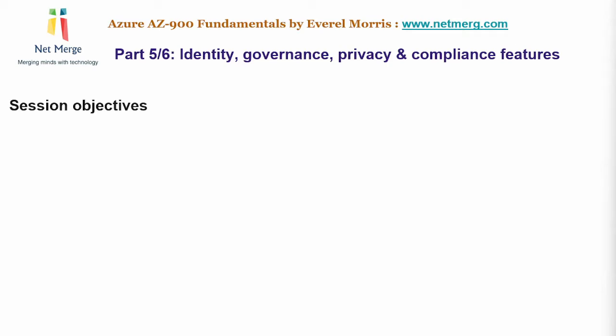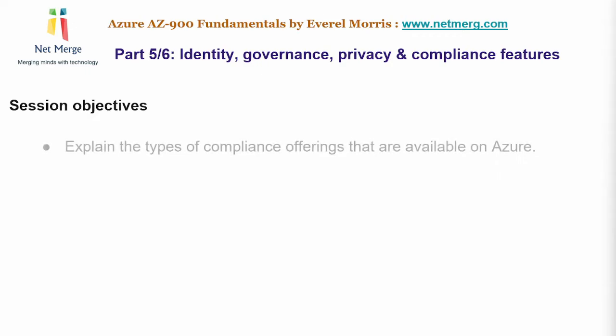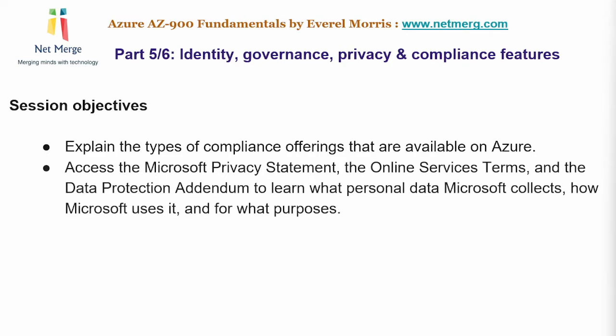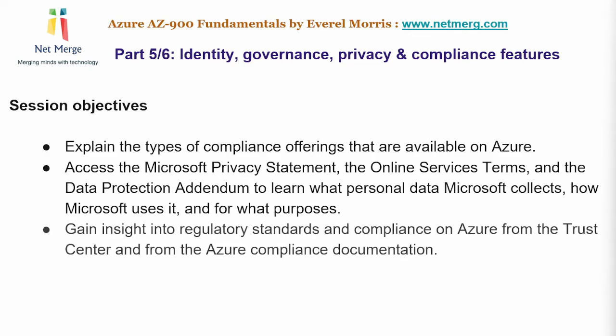Okay, so we're moving on to the compliance part of the objective. Now, let's take a look at what we're going to be talking about. We're going to explain the compliance offerings that are available in Azure so you could stay compliant with rules and regulations. We're going to look at access to the Microsoft privacy statement, the online service terms, and the data protection addendum to learn what personal data Microsoft collects, how they collect it, how they use it, and for what purpose, and the retention time period.